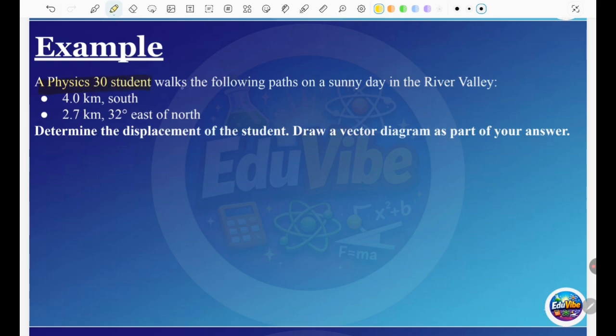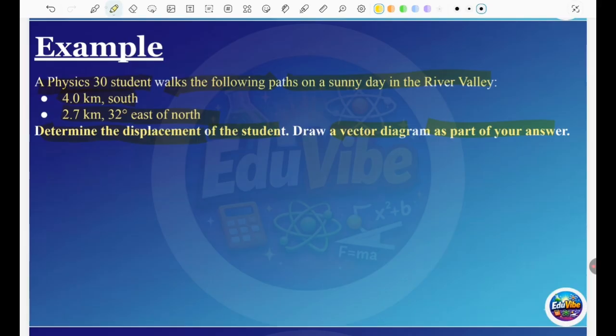A physics 30 student walked the following path on a sunny day in the river valley. They go 4.0 kilometers south and then 2.7 kilometers 32 degrees east of north. We have to determine the displacement of the student and draw the vector diagram as part of the answer. There are two vectors going on, where the first one is 4.0 kilometers south.